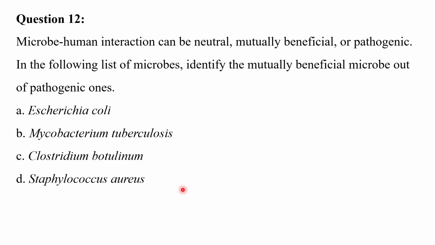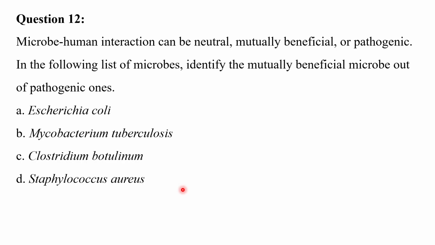Next question is question number 12. Microbe-human interaction can be neutral, mutually beneficial, or pathogenic. In the following list of microbes, identify the mutually beneficial microbe out of the pathogenic ones. Option A, E. coli, Escherichia coli. Option B, Mycobacterium tuberculosis.